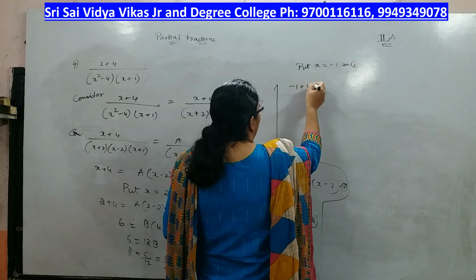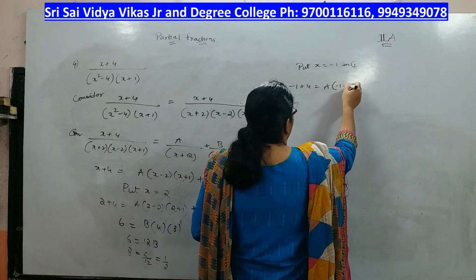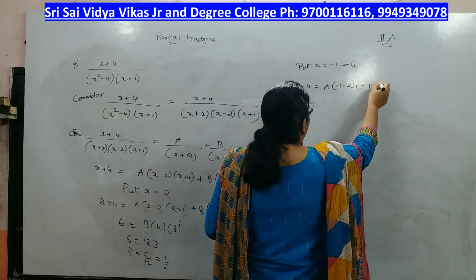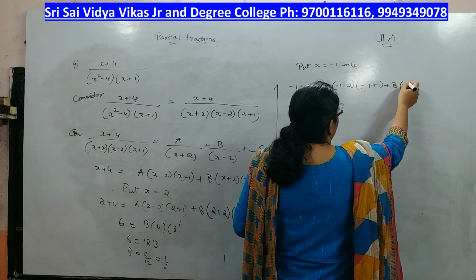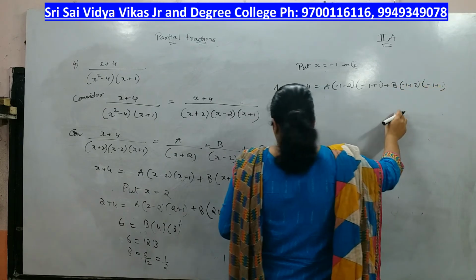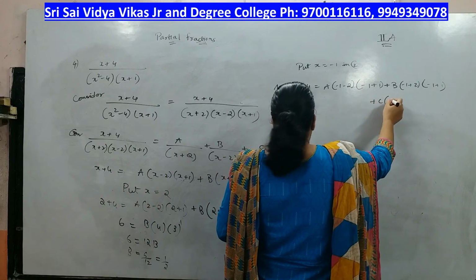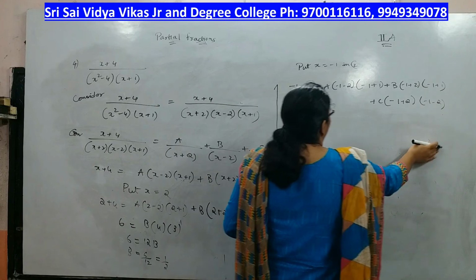Minus 1 plus 4 is equal to a into minus 1 minus 2 into minus 1 plus 1 plus b into minus 1 plus 2 into minus 1 plus 1 plus c into minus 1 plus 2 into minus 1 minus 2.